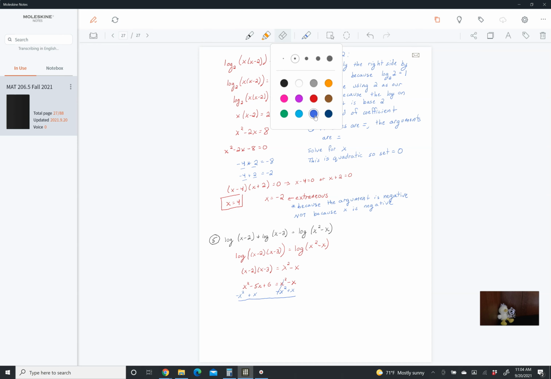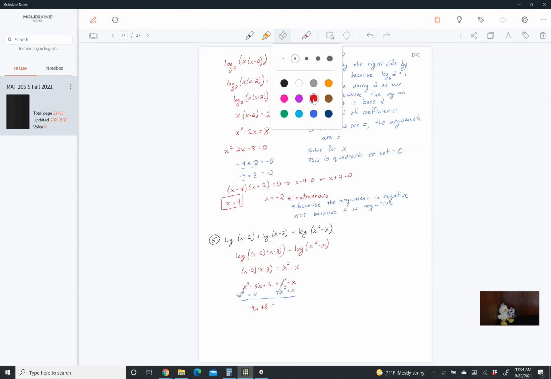And you'll see x squared actually winds up canceling. So something that looks like it might be kind of annoying because it's quadratic. Quadratic is always more annoying than linear. This actually turns out to be linear, so it's fine. We get negative 4x plus 6 equals 0.